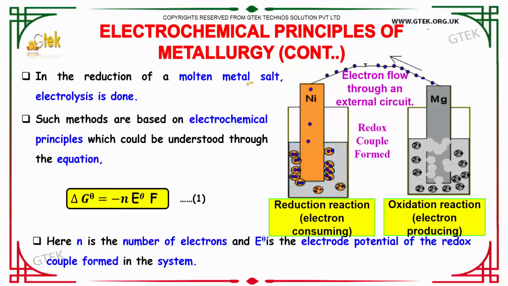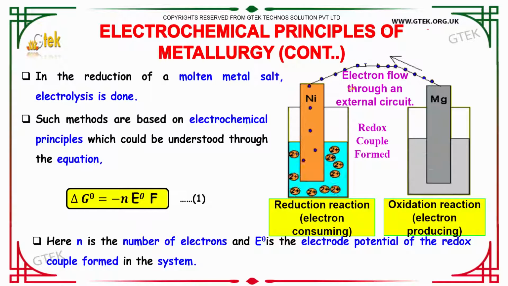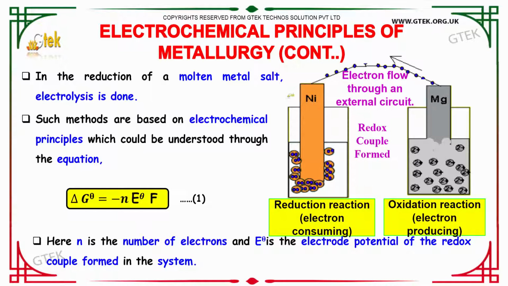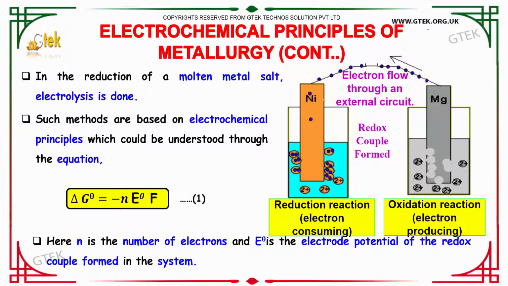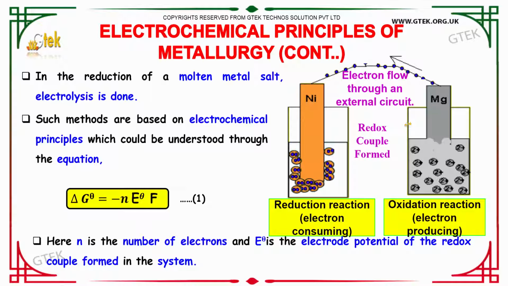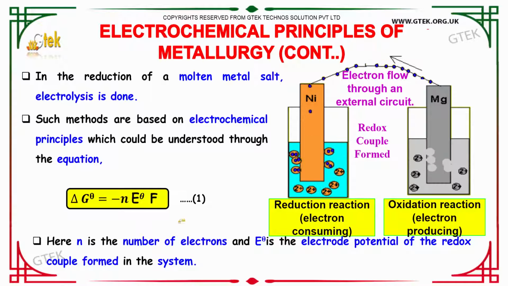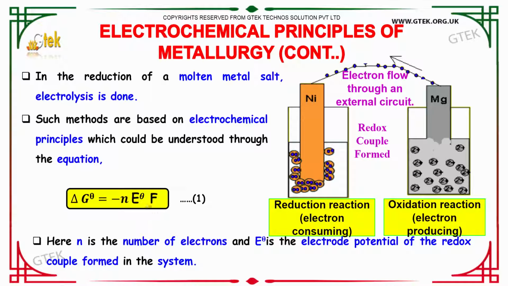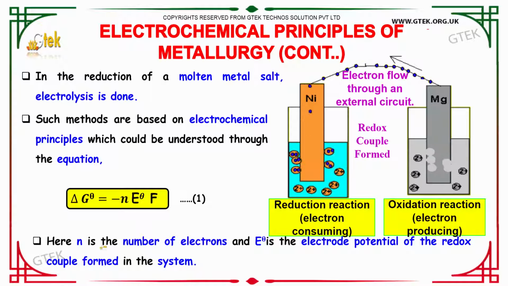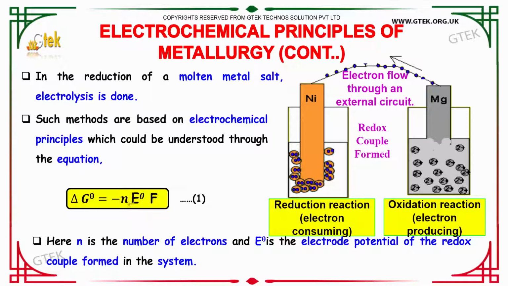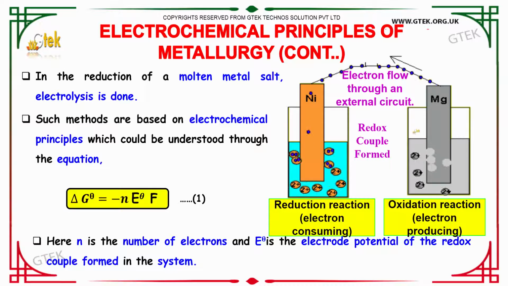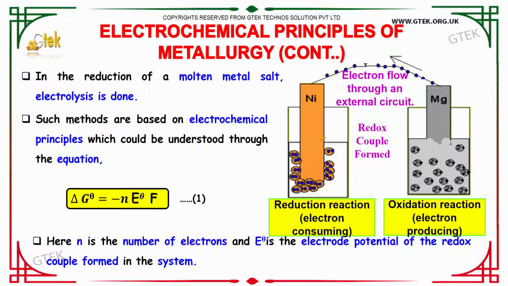So, in the reduction of a molten metal state, the electrolysis is done. Such methods are based on electrochemical principles which could be understood through the equation here. So, n is the number of electrons and E theta is the electrode potential of the redox couple formed in the system.